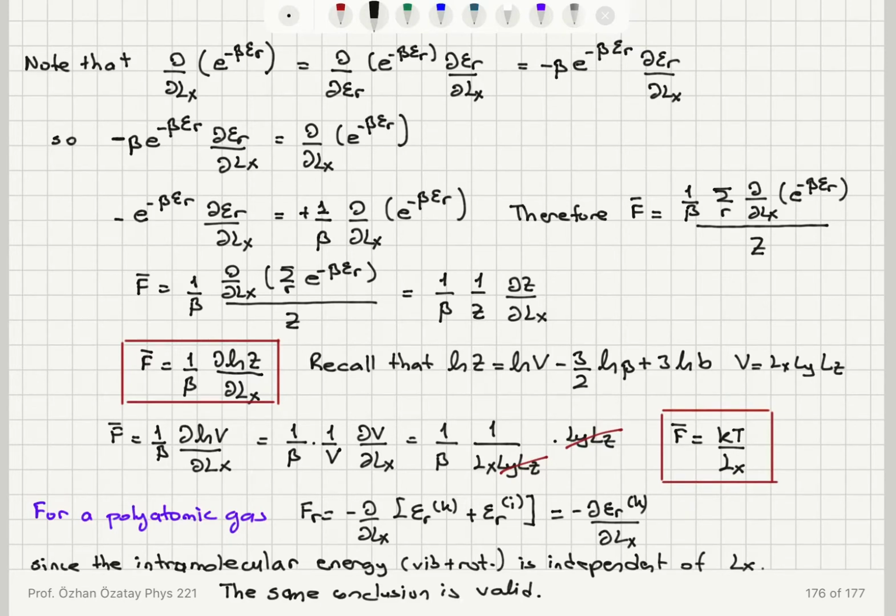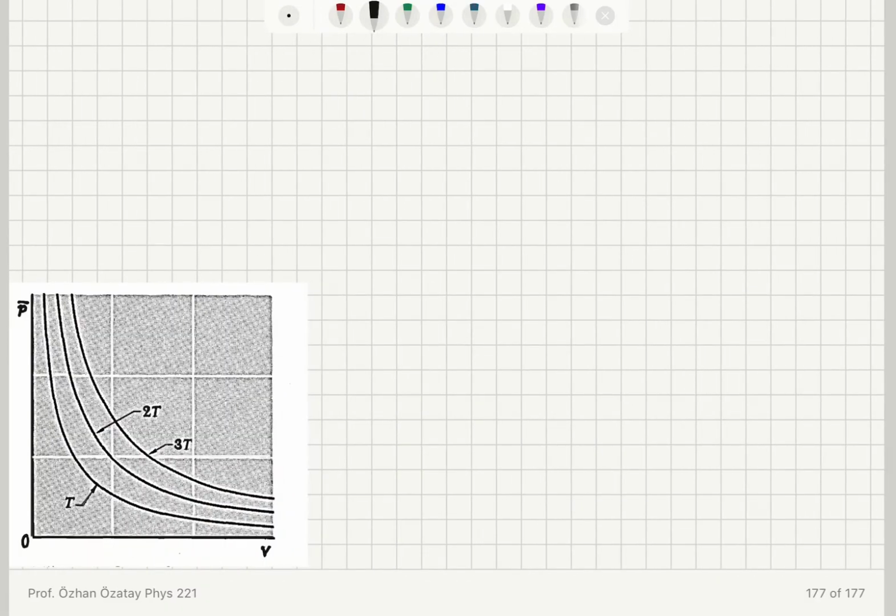All right. Now, if I extend this discussion for the total force that I will see exerted by the gas molecules on the right hand side, it will be the sum over all molecules, i equals 1 to N, of their corresponding forces.